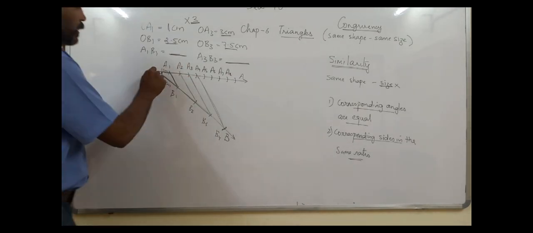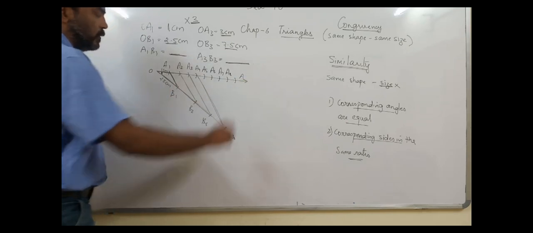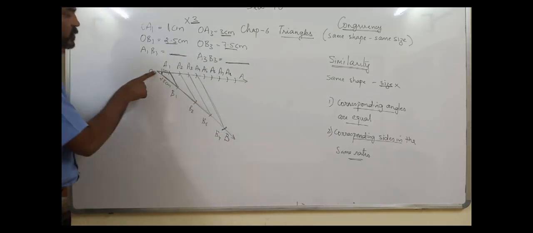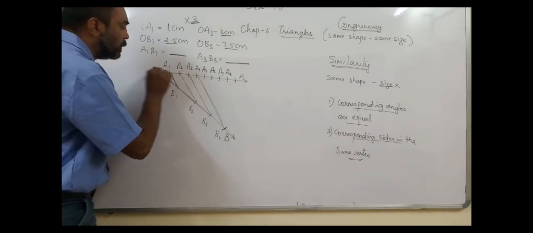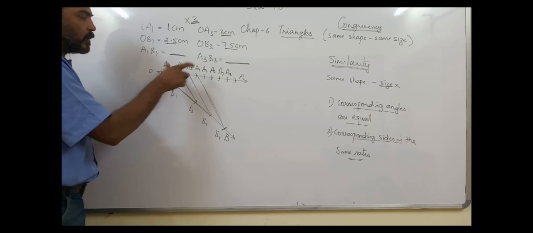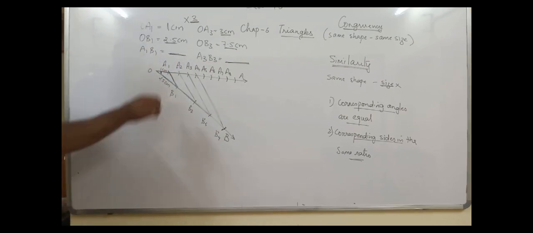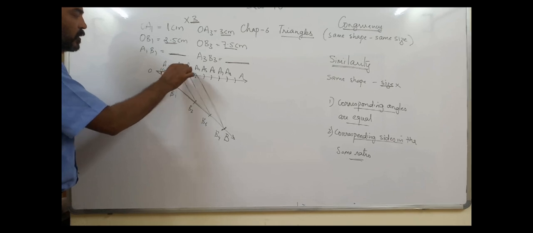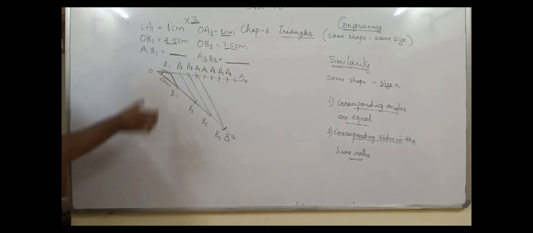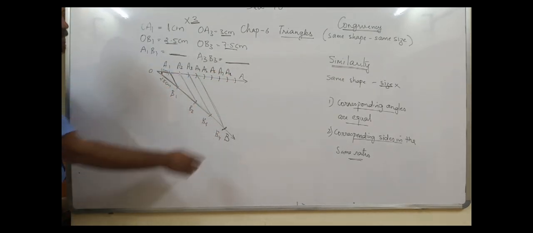So what I did, I drew one ray OA. From the same initial point, I drew a ray OB. Then I got points at 1 centimeter on the ray OA with the help of a compass. The compass will put the point, draw the arc where it touches, draw the point, draw the arc where it touches, 1 centimeter each. Here I went for 2.5 centimeter.